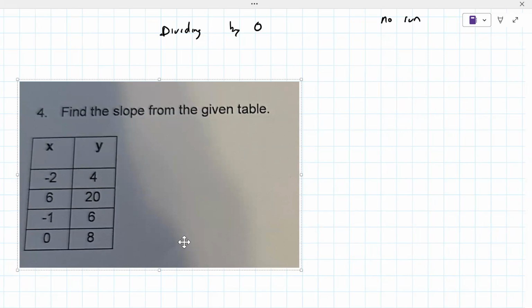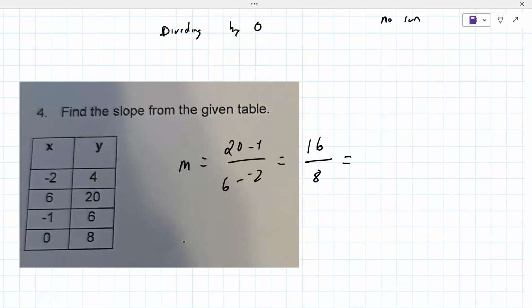M is equal to 2. Okay. So does it matter which 2 points you use? No, it does not. And the more comfortable you are in math, you'll just pick the first two because they're the least resistance. All right. Good job.